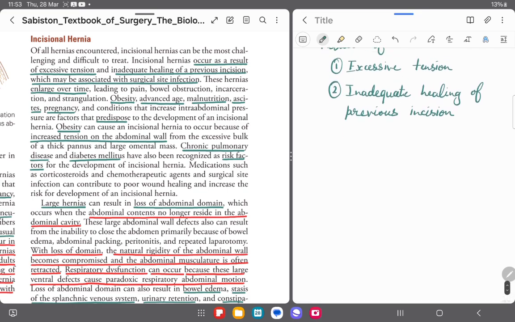And the previous incision site may be associated with surgical site infection, SSI. These hernias enlarge over time, leading to pain, bowel obstruction, incarceration, and strangulation.